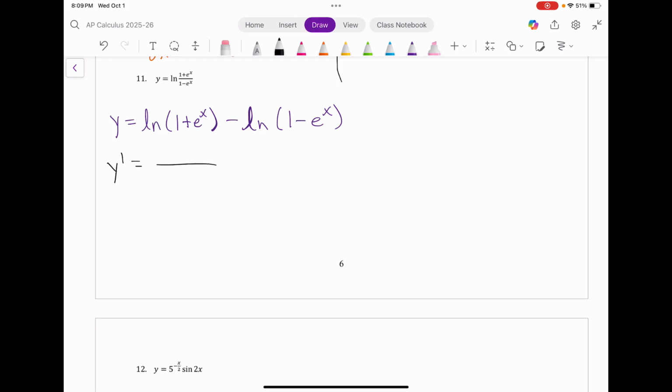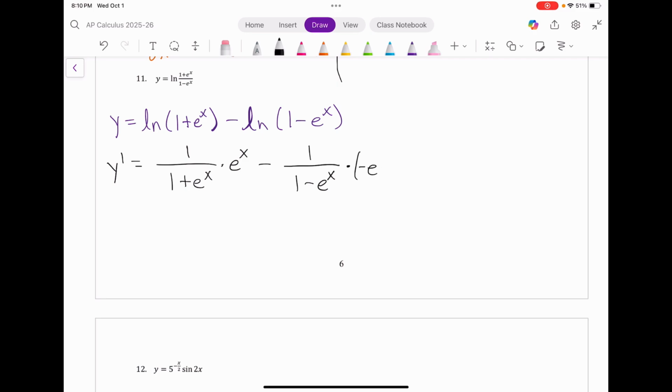Okay, so the derivative of natural log of 1 plus e to the x is 1 over 1 plus e to the x times the derivative of 1 plus e to the x, which is that. Minus the derivative of natural log of 1 minus e to the x. So it'd be 1 over the argument, times the derivative of 1 minus e to the x, right, for chain rule.